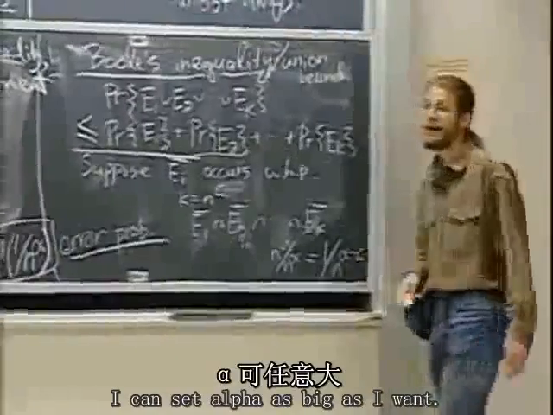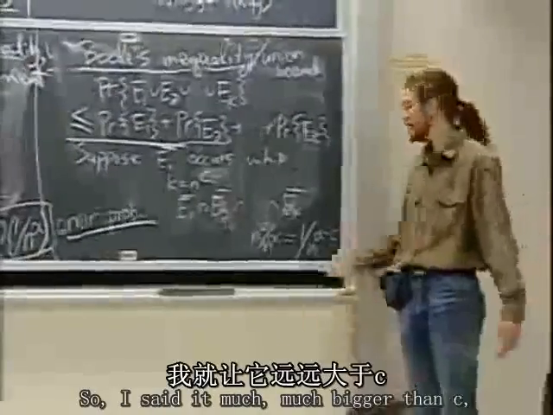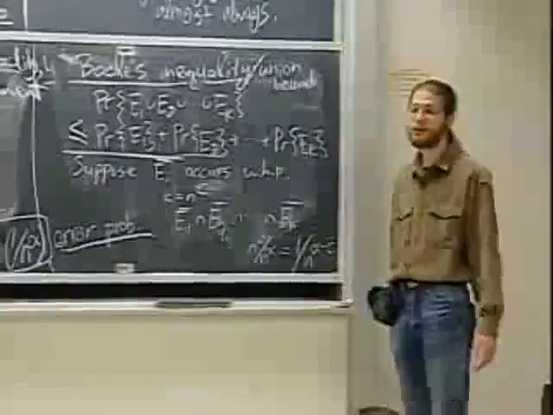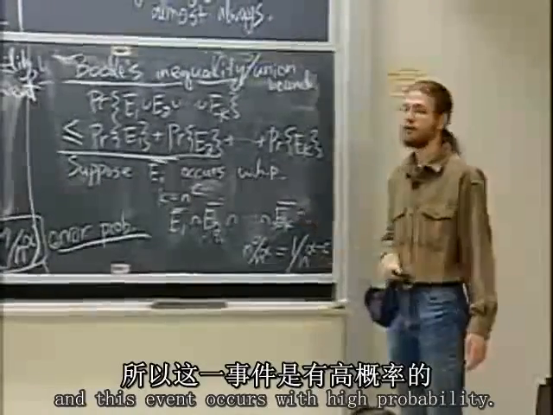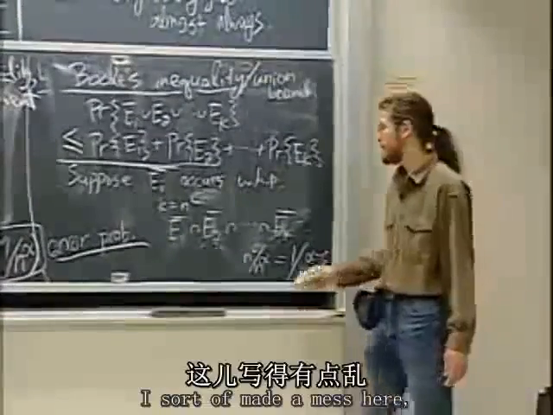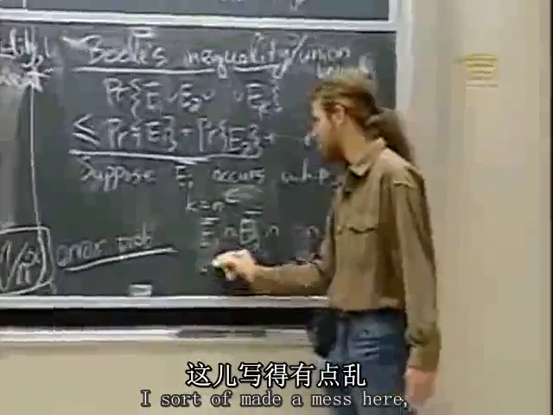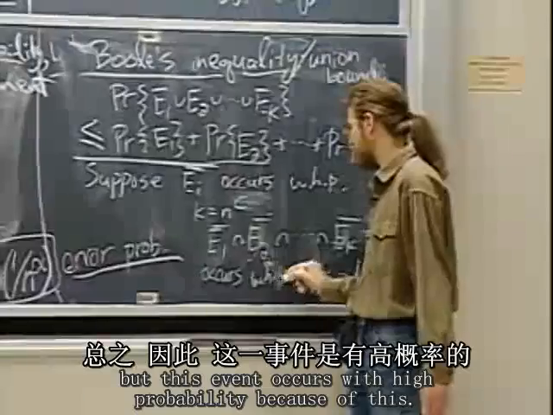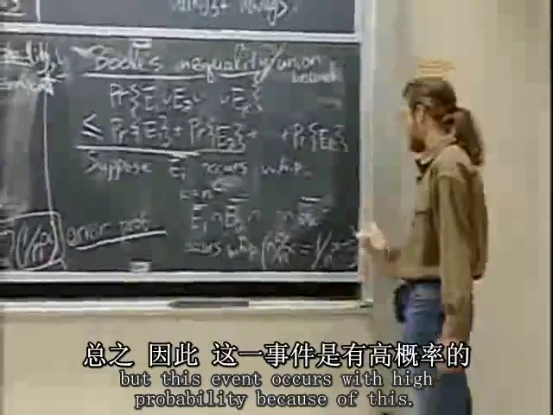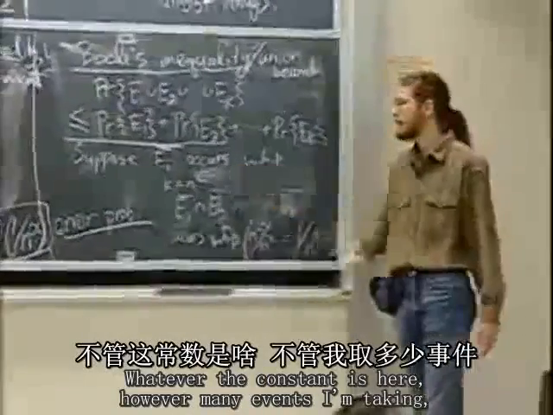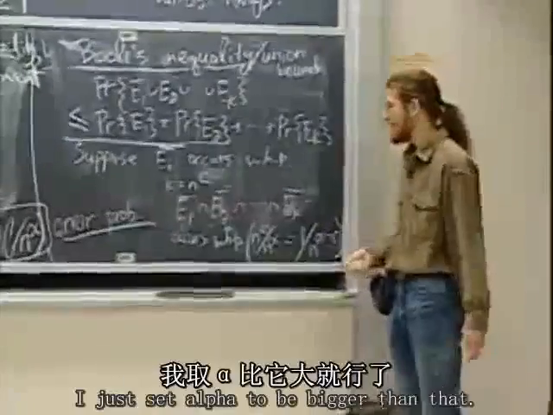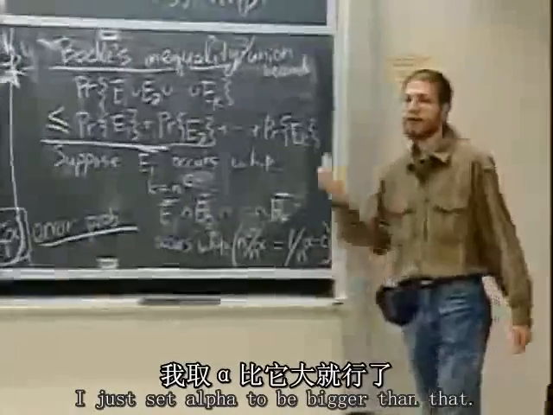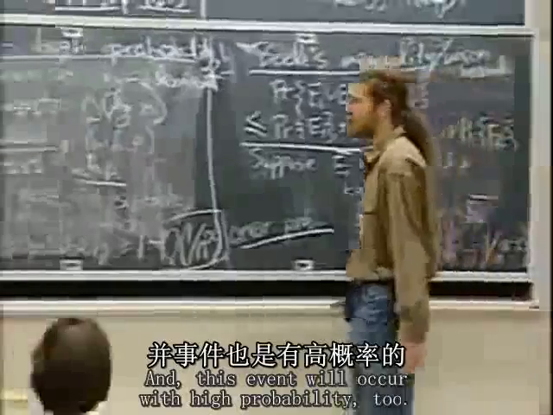I can set alpha as big as I want. So I set it much, much bigger than c, and this event occurs with high probability. Whatever the constant is here, however many events I'm taking, I just set alpha to be bigger than that, and this event will occur with high probability too.